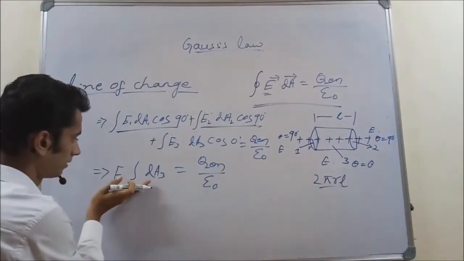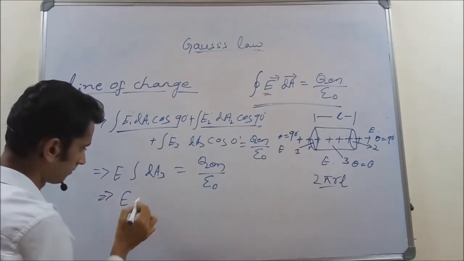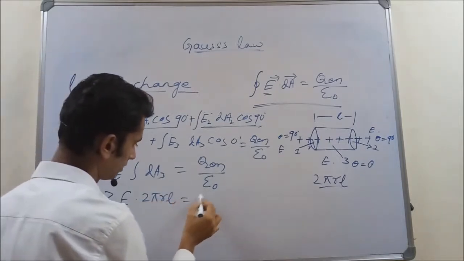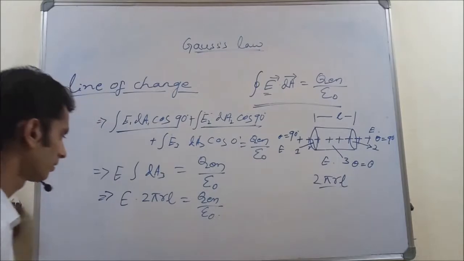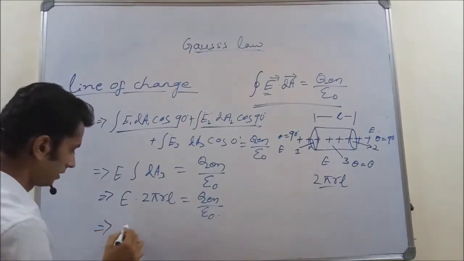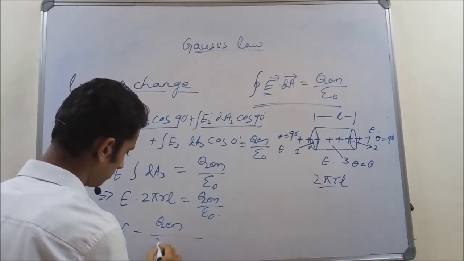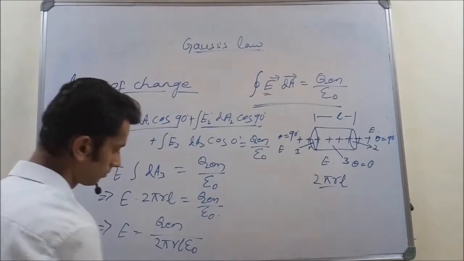So instead of the integral of dA3 we can write E into 2 pi r L is equal to q enclosed by epsilon 0. So what will E be? E is equal to q enclosed by 2 pi r L epsilon 0.